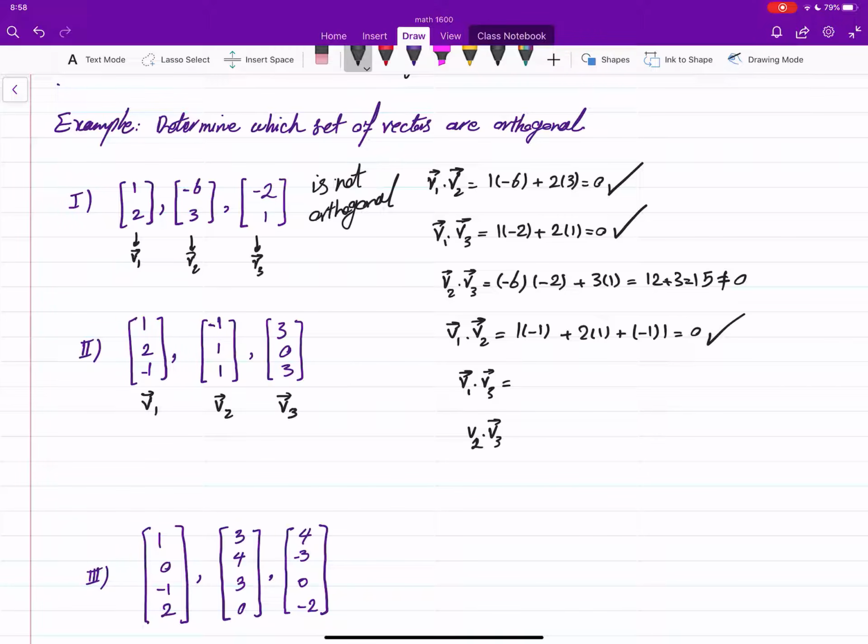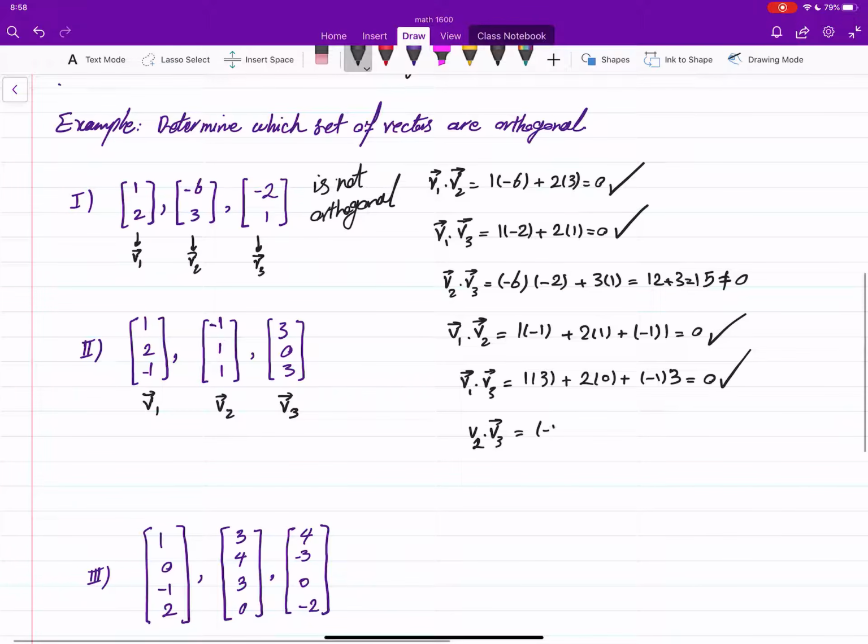Nice. v1 and v3: 1 times 3 plus 2 times 0 plus negative 1 times 3 is again 0. v2 dot v3 is negative 1 times 3 plus 1 times 0 plus 1 times 3, and this is also 0. So all 3 pairs of distinct vectors are orthogonal. So yes, this set is an orthogonal set.